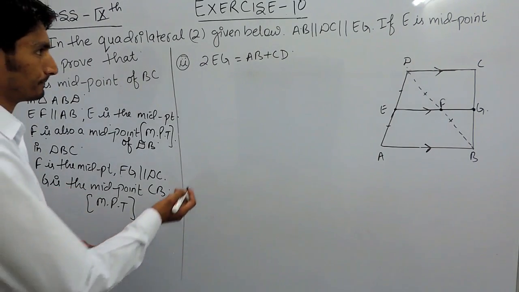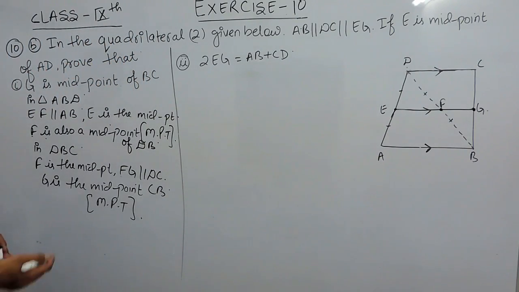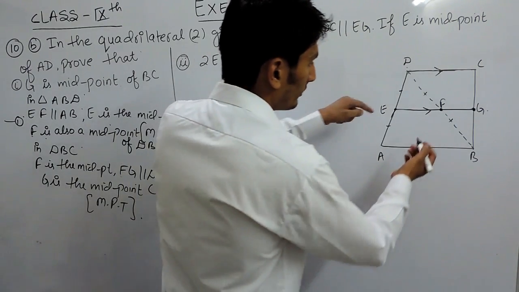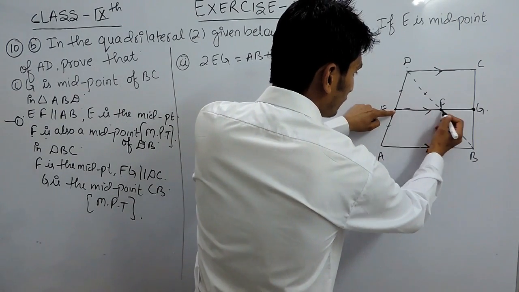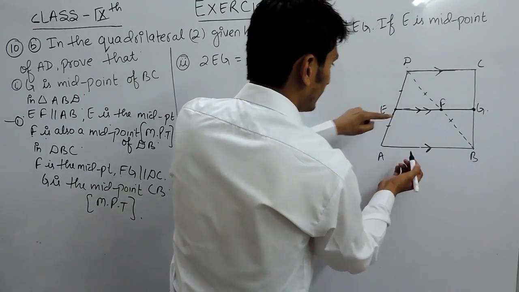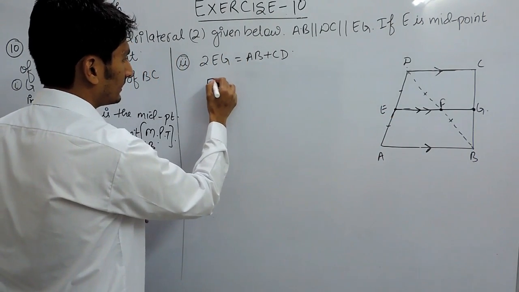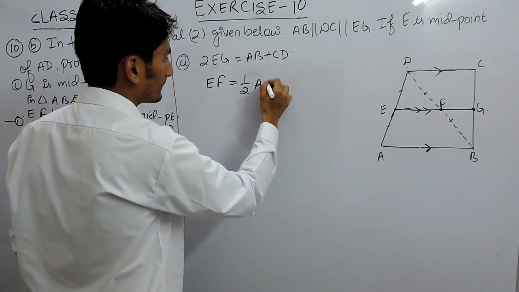Now let's prove the second part. To prove this, again I have to consider the first part, which says F is the midpoint. If E and F are the midpoints, and I join these midpoints, clearly this line must be half of AB. So I can write EF equals half of AB.